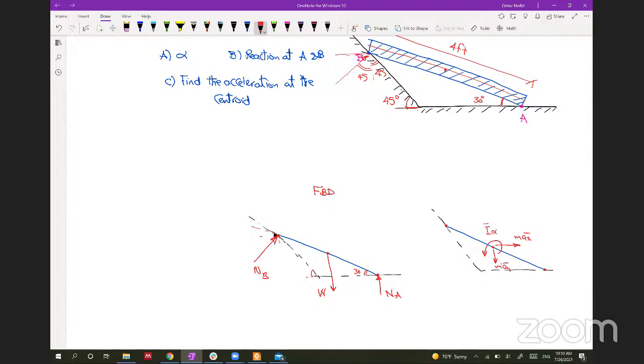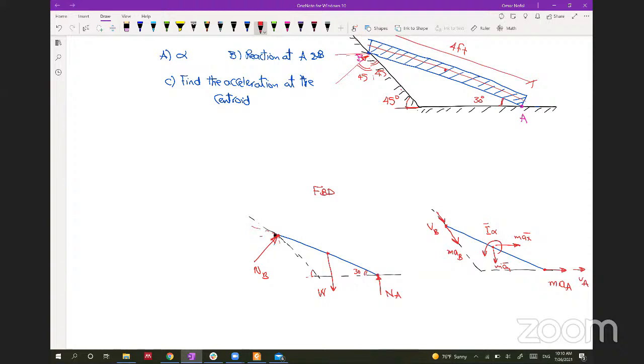You should note that these points will be moving this way. This is the tangential direction, so this will be MA at A, and this is MA at B. So this is how it moves, and the velocity VA will be in this direction, and the velocity VB will be in this direction.